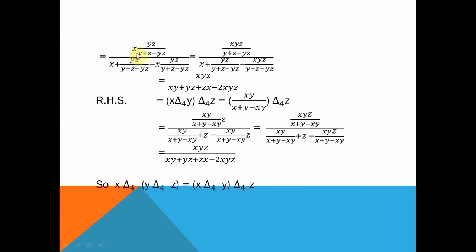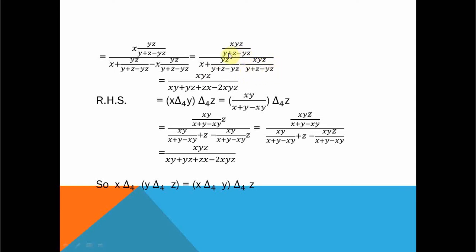If we apply the T norm delta 4, it is x into (yz over y plus z minus yz), whole divided by x plus the second expression minus x multiplied by the second expression. In the numerator we get xyz divided by y plus z minus yz. In the denominator we get x plus yz over y plus z minus yz minus xyz over y plus z minus yz.